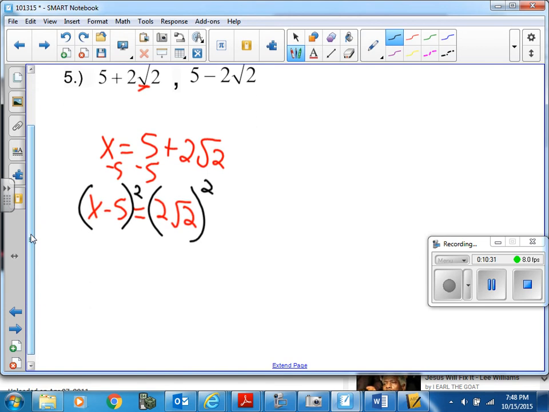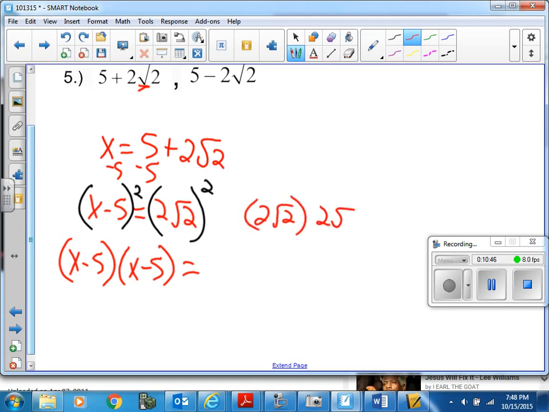So I'm going to end up with, this side is going to be x minus 5 times x minus 5 equals, now on this side, 2 radical 2 times 2 radical 2. This gives you 4. And radical 2 times radical 2 gives you 2. And 4 times 2 is 8. So 2 radical 2 times 2 radical 2 equals 8.